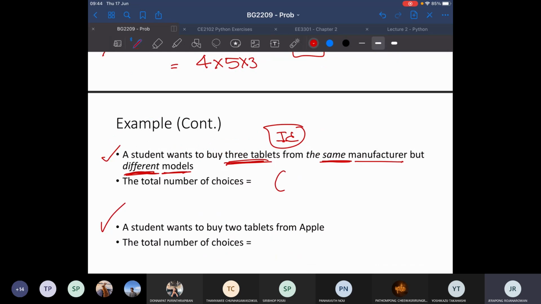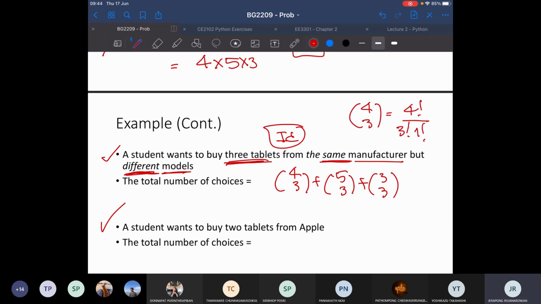So it's gonna be 4 choose 3, 5 choose 3, and then 3 choose 3. We're gonna talk about this one later on. 4 choose 3 is actually equal to 4 factorial divided by 3 factorial and 1 factorial. Talk about that later.